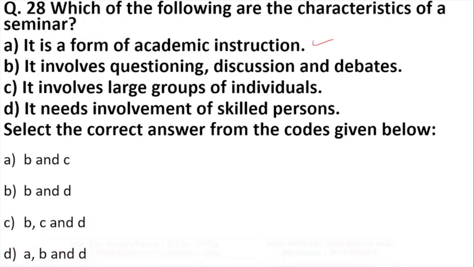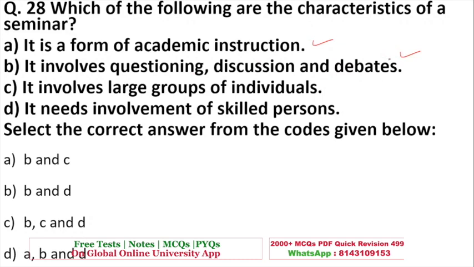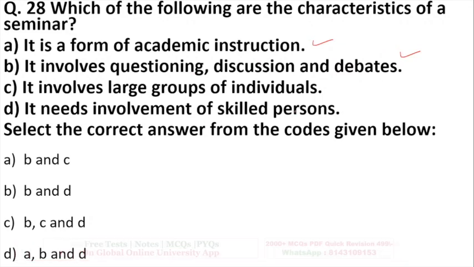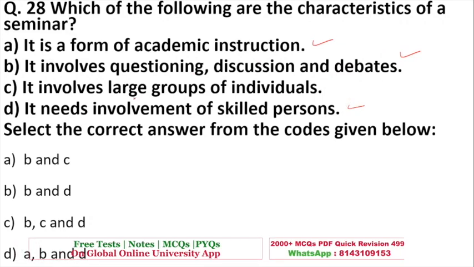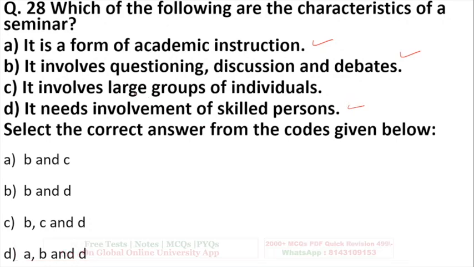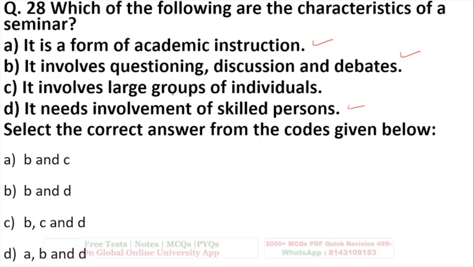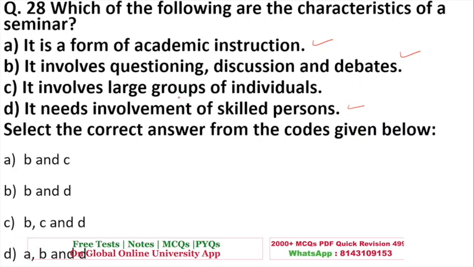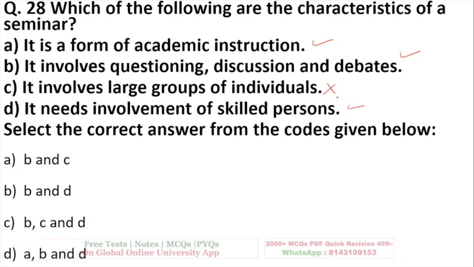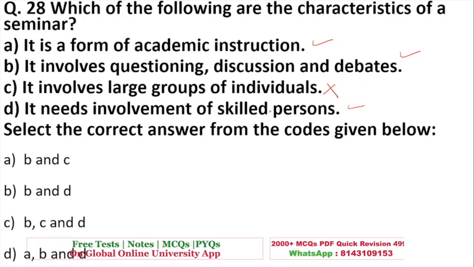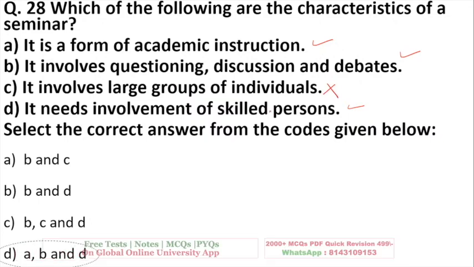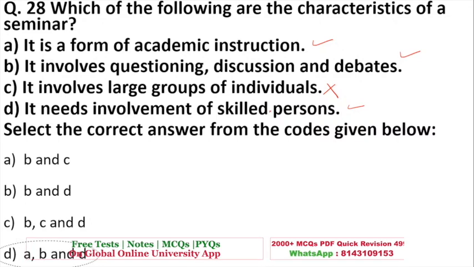It involves questioning, discussions, and debates, and it needs involvement of skilled persons. A seminar could be of a small group of individuals or a large group of individuals. So we cannot say it is only for a large group of individuals. So here your right answer is A, B, and D. That is option D.